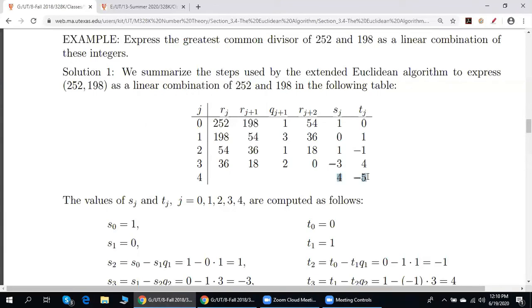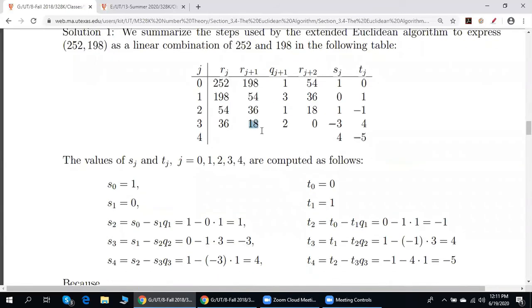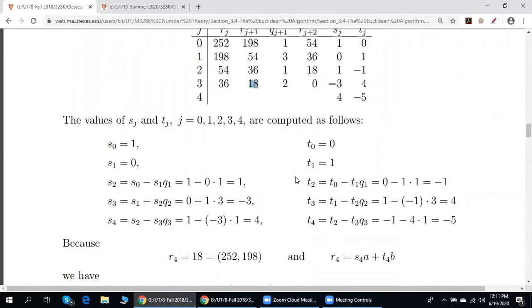In order to come up with these numbers, we subtract from 1 times -3. 1 minus -3 is 4. -1 minus 4 is -5. And now, this number is the greatest common divisor.